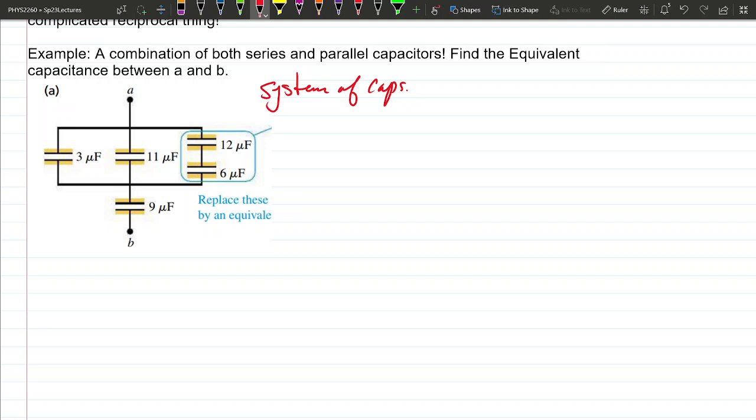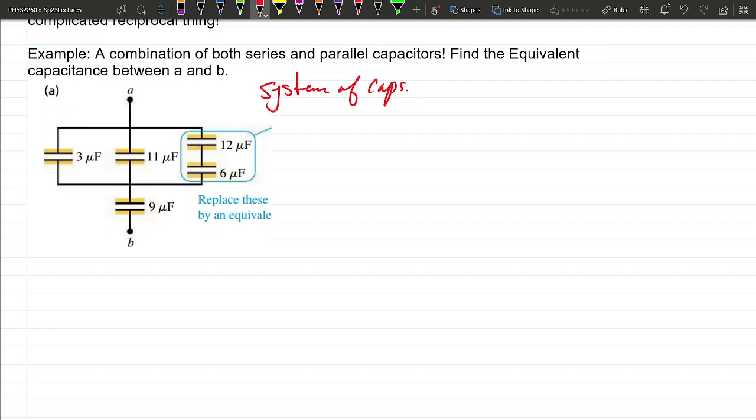The book example pointed this out to you. You can see here that if I want to figure out the capacitance of all 5 of these things, I want to find a subset that simplifies very easily first. The problem is that I cannot add this one and these 2 together because they are parallel and series at the same time.